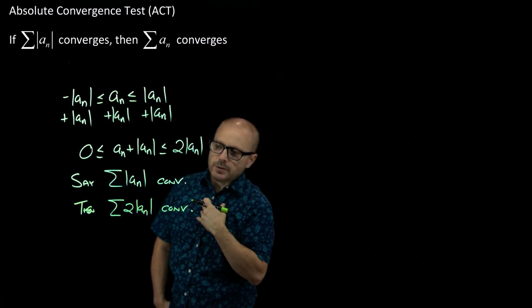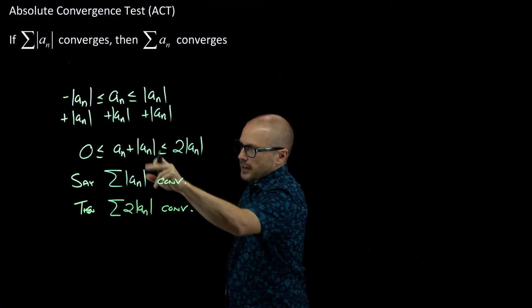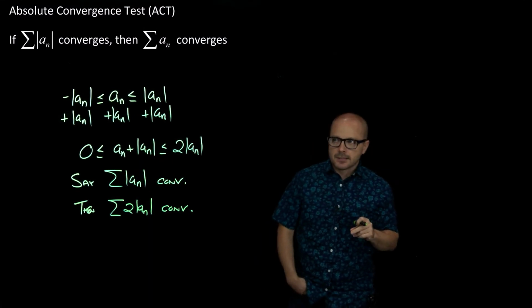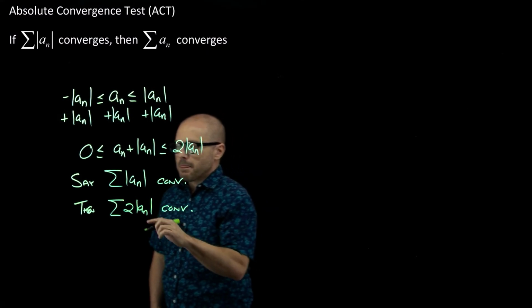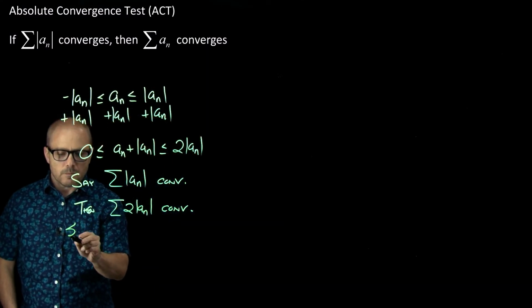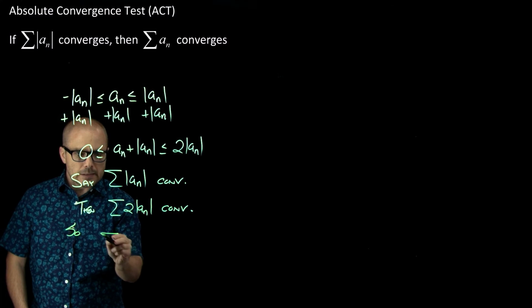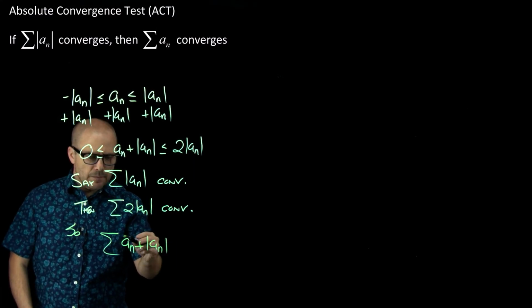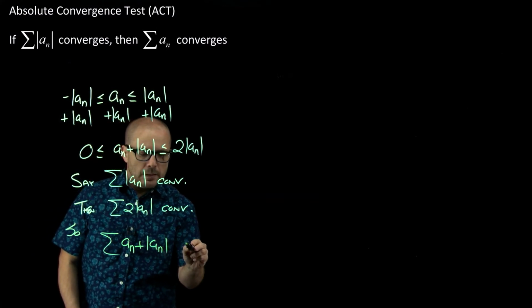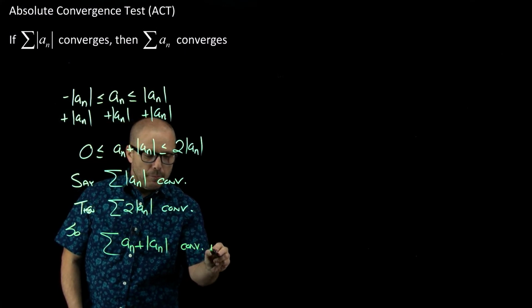So we're getting closer. Now this isn't quite our series yet, but we'll be able to get there. So we know that the series then, that series converges by DCT.